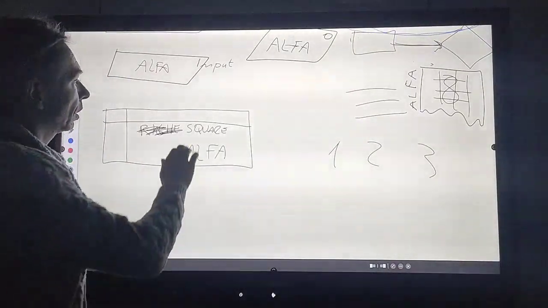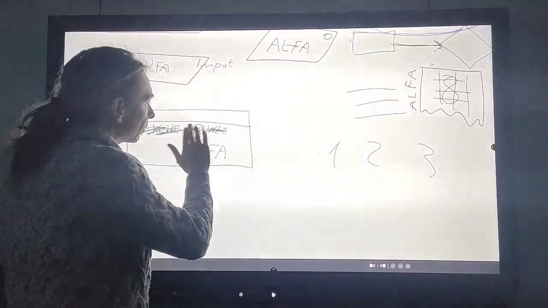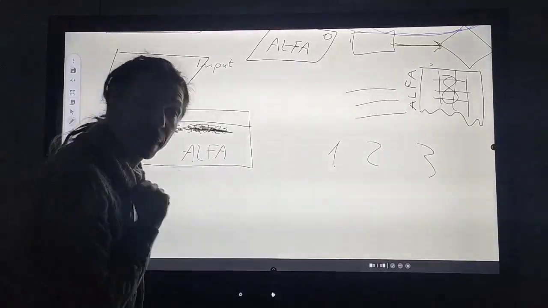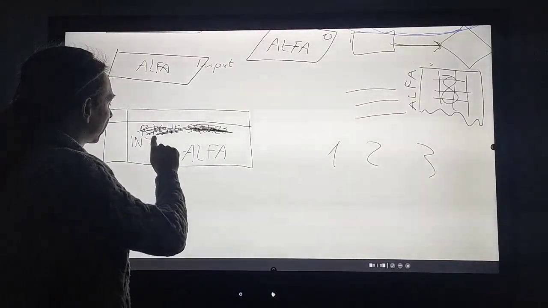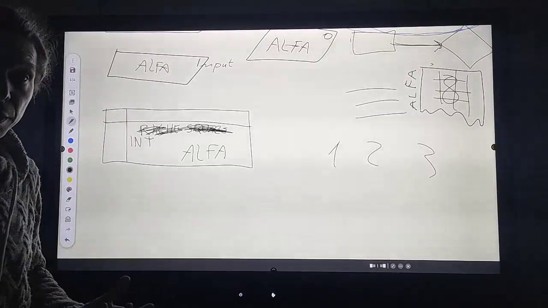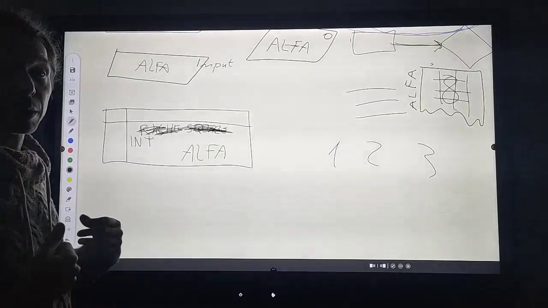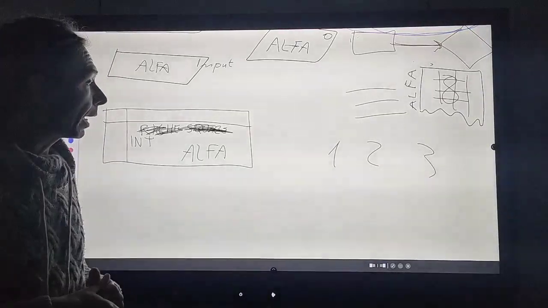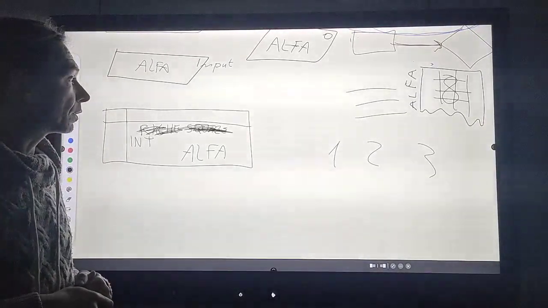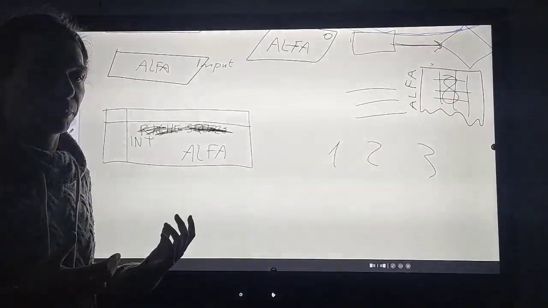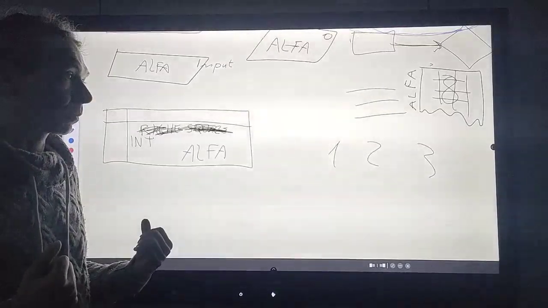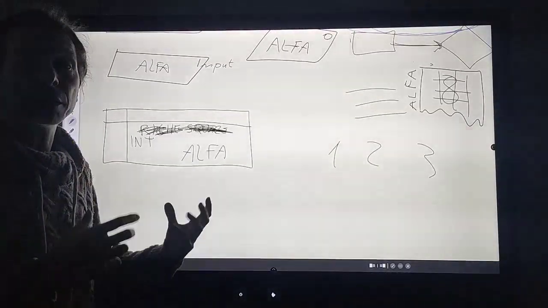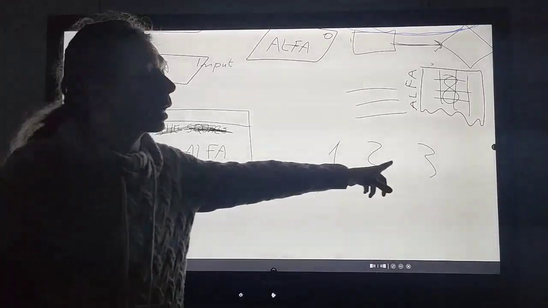So instead of square, I will tell him to prepare int piece of paper. With int, I mean integer, and so it's for sure squared piece of paper made for integer numbers.